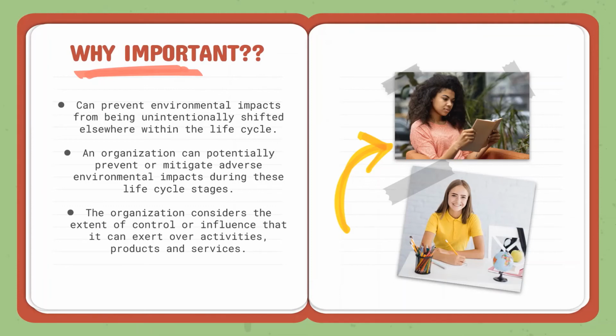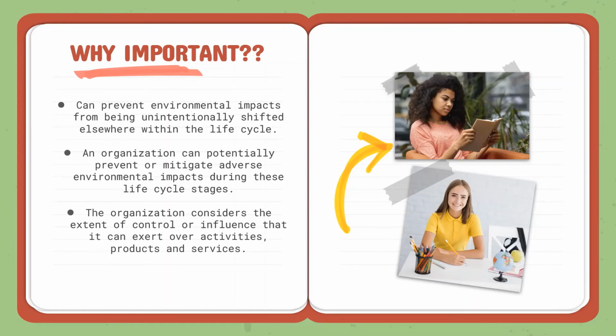Okay, next. Why is life cycle perspective important to the organization? This is because some of the organization's significant environmental impacts can occur during the transport, delivery, use, end-of-life treatment, or final disposal of its product or service. Therefore, through life cycle perspective, it can prevent environmental impacts from being unintentionally shifted elsewhere within the life cycle.